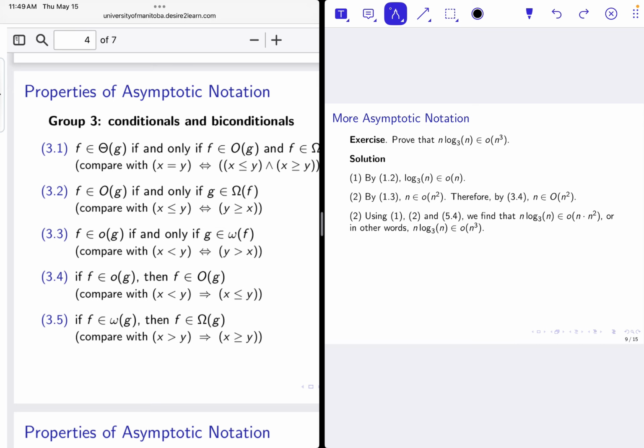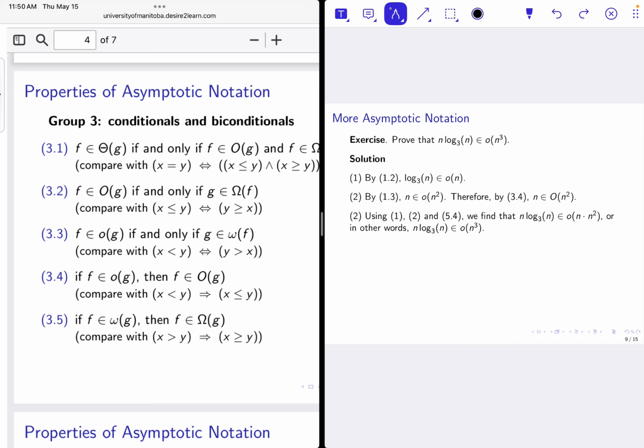Proving that something is in little o requires showing that it works for all m. And once you've shown that it works for all m, that implies that it works for any m, the existentially quantified version, a specific m. So whatever. n is in big O of n squared.